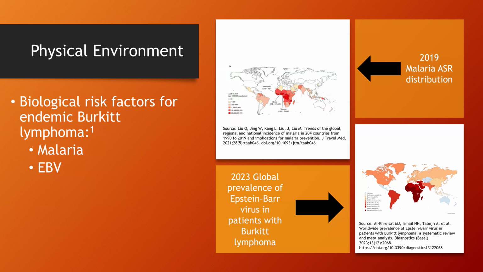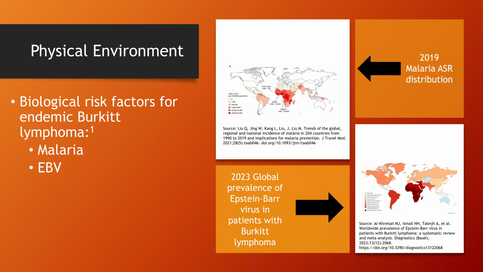The image at the bottom of your screen shows the 2023 global prevalence of Epstein-Barr virus in patients with Burkitt lymphoma. So where the top of your screen is looking at global, regional, and national incidence of malaria, the bottom image is looking at the prevalence of Epstein-Barr virus in patients who already have Burkitt lymphoma.